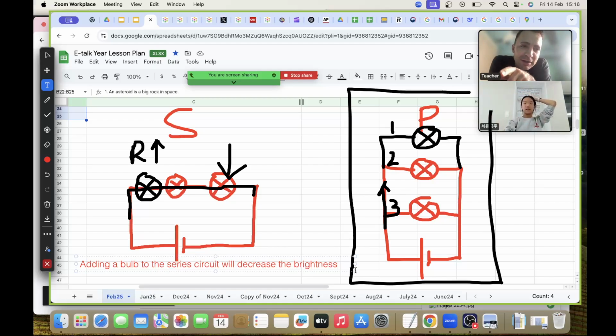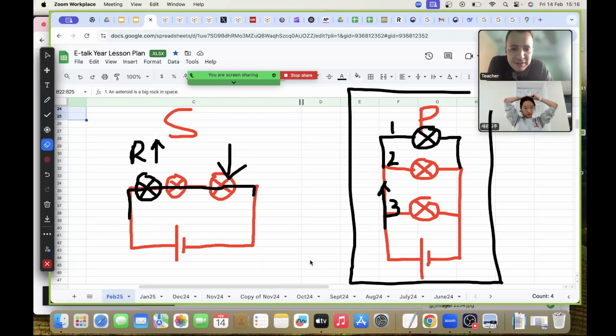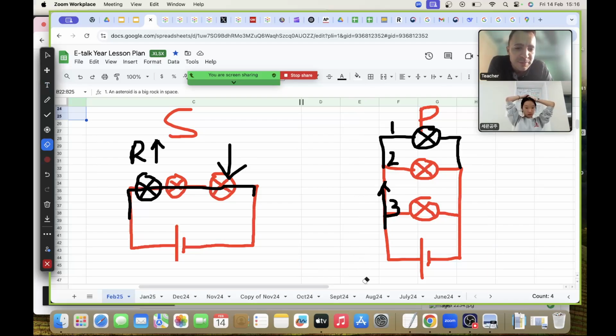Same circuits, yes. Let me just erase the sentence and the square. Here are our circuits. I'm going to add one battery on the series, add one battery on the parallel. What do you think will change? How will the brightness change?